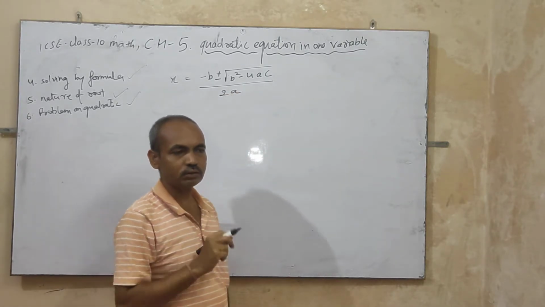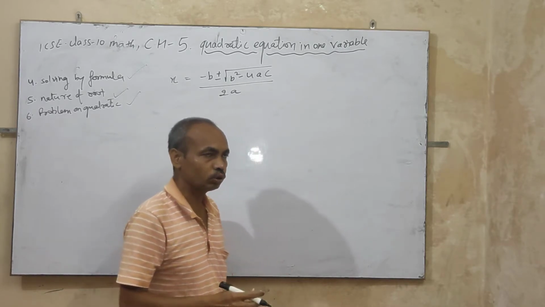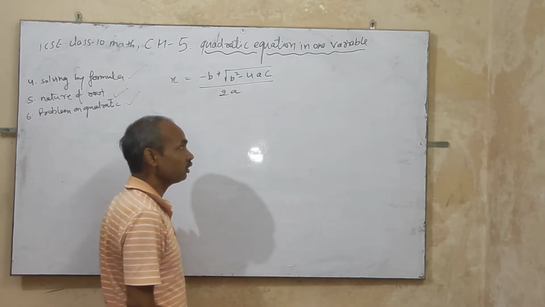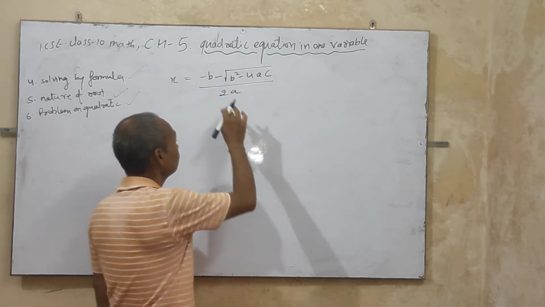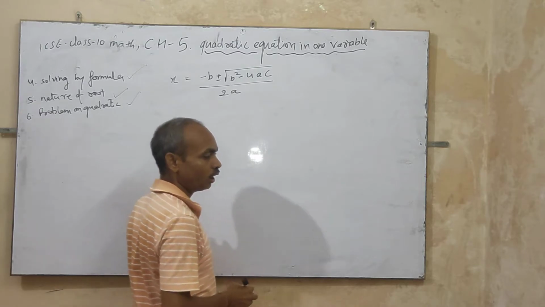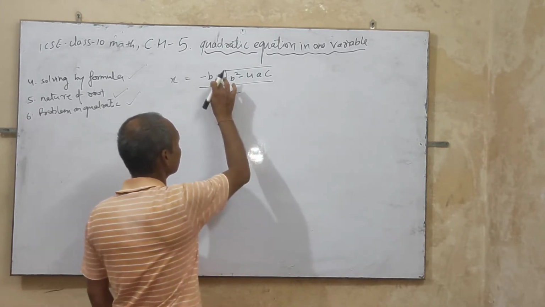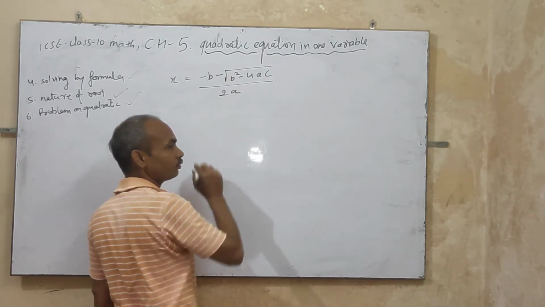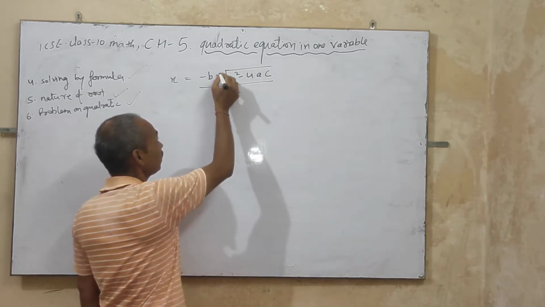We know that there are two answers in a quadratic equation, so the first answer is with plus and the second answer is with minus. We simply write plus and minus together, although it should be written as two formulas. First this, and second this. But during the solution, we can write plus and minus simultaneously.